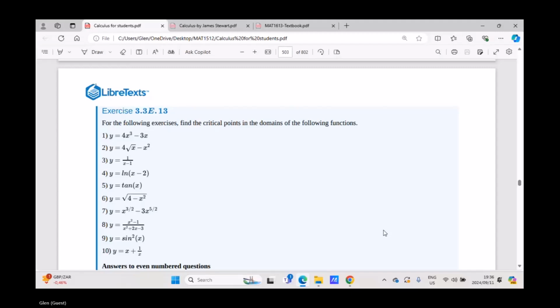At the bottom, I square the denominator. That is what the quotient rule is talking about. Then I have x squared plus 2x minus 3 times 2x, minus 2x cubed minus 2x squared plus 2x minus 2.